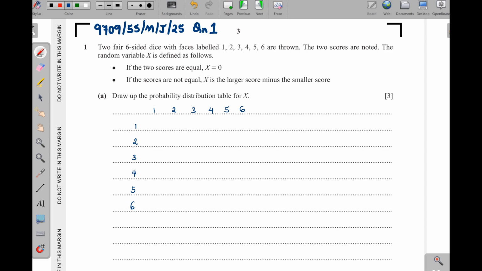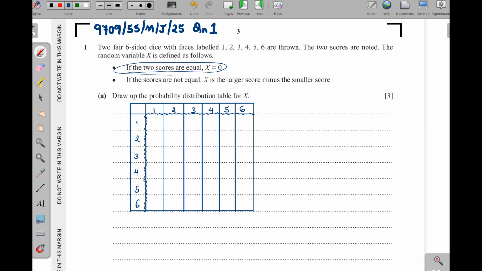So I'm going to put all of these in a table. They say that if the two scores are equal, then x is 0. So 1, 1 is a 0, 2, 2 is a 0, 3, 3 is a 0, 4, 4 is a 0, 5, 5 is a 0, 6, 6 is a 0. And then if they are different, then x is going to be the larger minus the smaller one.